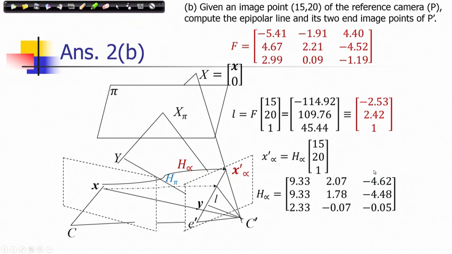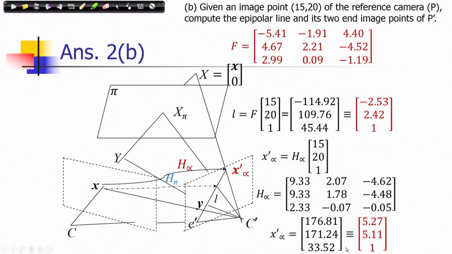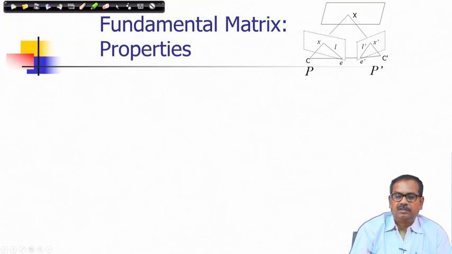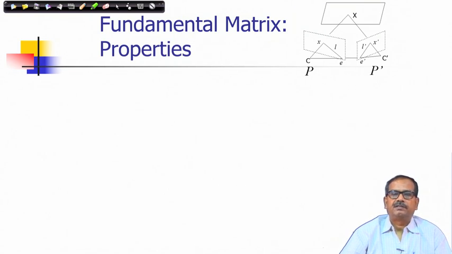And to get x infinity, because in this problem we also wanted to know the end points of the epipolar line, we have already computed the homography at infinity. Simply multiply with this point, and we get this point. So, we know the epipole in the right image plane, and also the corresponding end point of that epipolar line. Now let me summarize the properties of the fundamental matrix.